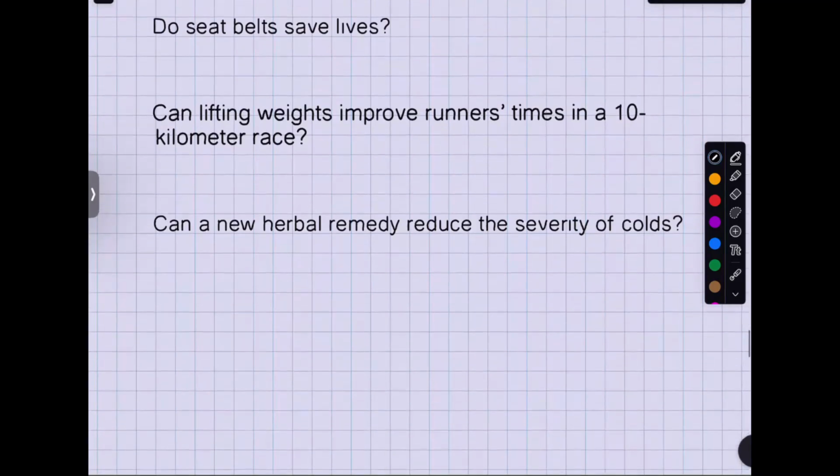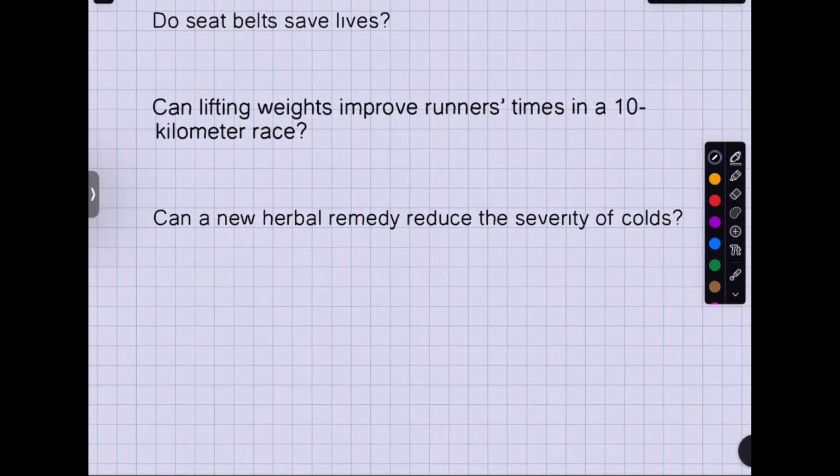Can lifting weights improve runners' time in a 10-kilometer run? How many tree trunk leg guys do you know that go out and run?